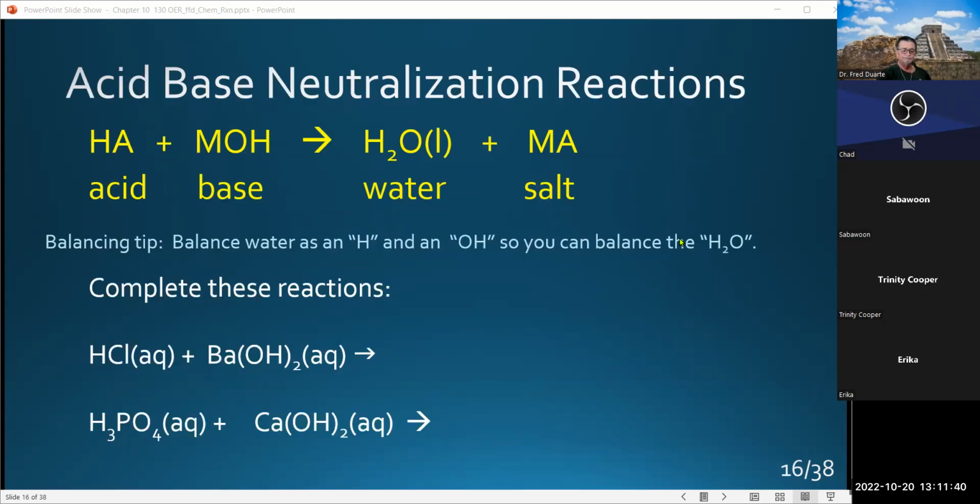All right, so these we talked about in the acid-base chapter, the acid-base neutralization reaction, where we have an acid, which again, by definition, remember, an acid is any species that produces the proton, H+, in the presence of an ionic compound, which is a hydroxide. Based on the definition of base, an Arrhenius base is any species that produces a hydroxide ion, okay?